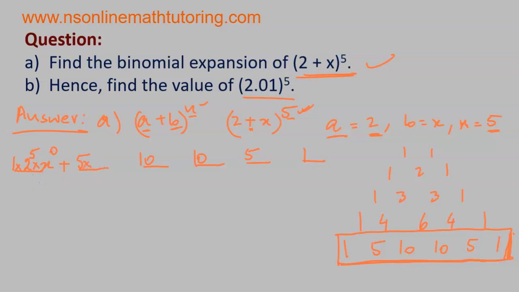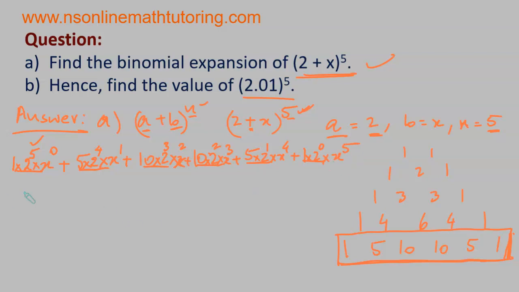So this power is 5, the power of 2 will be 4 in this term, and the power of b, that is x, will be equal to 1, plus 10 times 2 to the power of 3 times x squared, plus 2 to the power of 2 times x cubed, plus 2 to the power of 1 times x to the power of 4, plus 1 times 2 to the power of 0 times x to the power of 5.